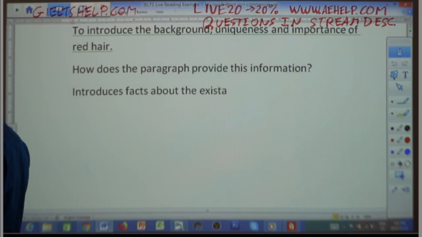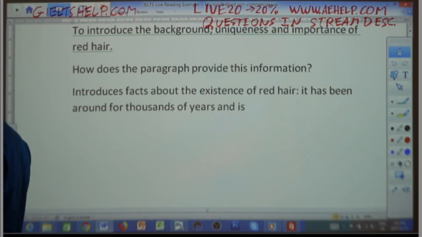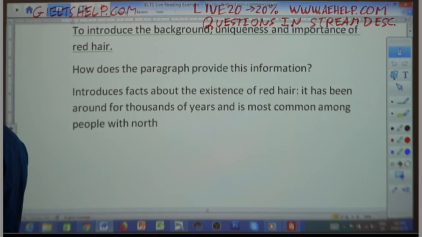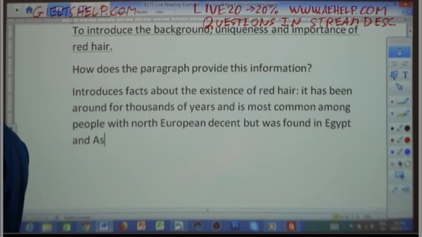existence of red hair. It has been around for thousands of years and is most common among people with North European descent, but was found in Egypt and Asia in the past as well.